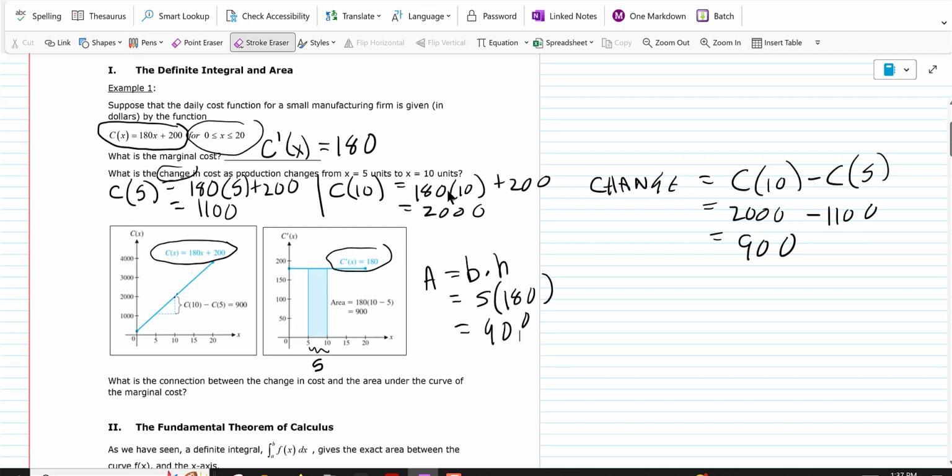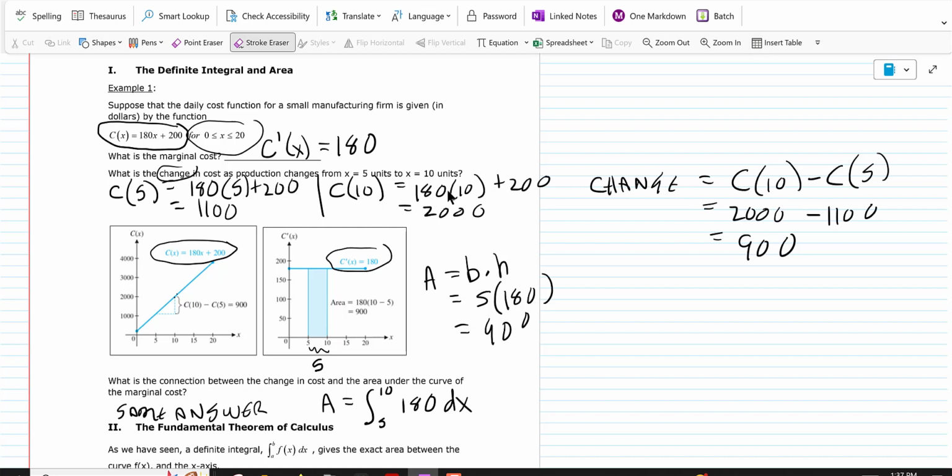There's something I want you to write down. If you find the area under the curve, that would be the integral from 5 to 10 of 180 dx.